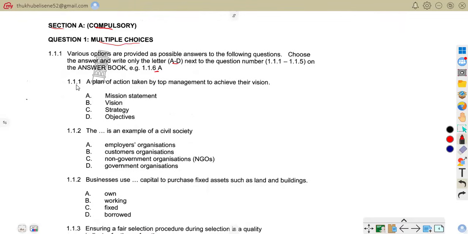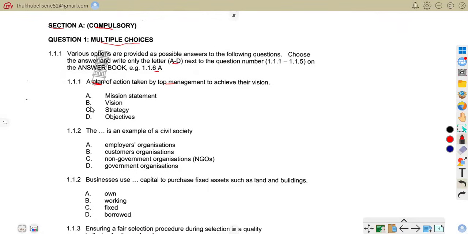So 1.1.1 says a plan of action taken by top management to achieve their vision. A plan of action taken by management to achieve their vision. So we are given 4 options, then we are to come up with a correct answer. We have mission statement, vision, we have strategy, and we have objectives.